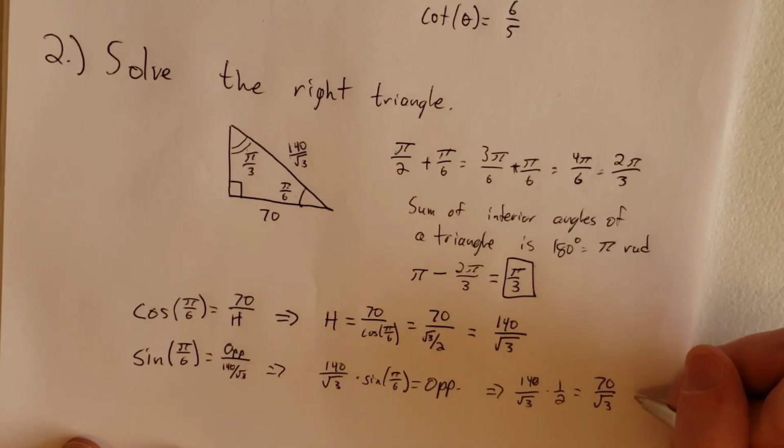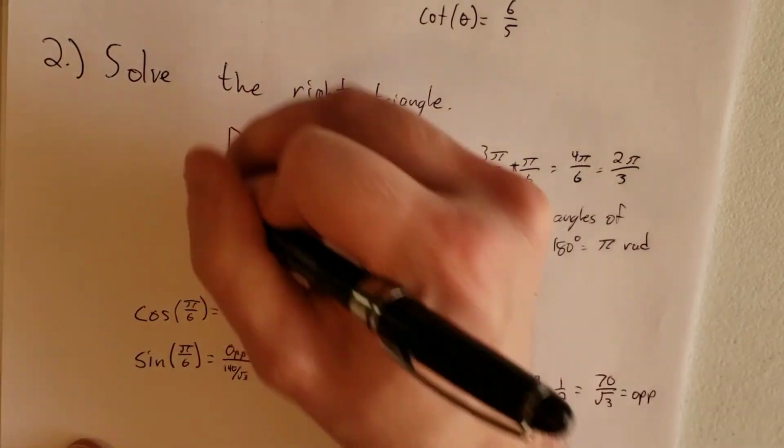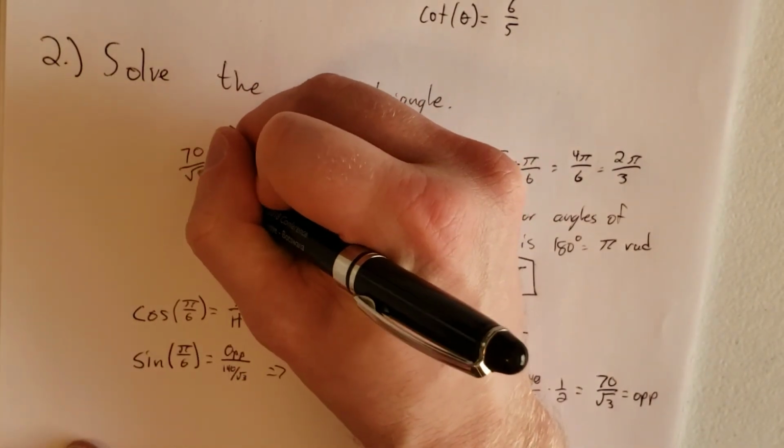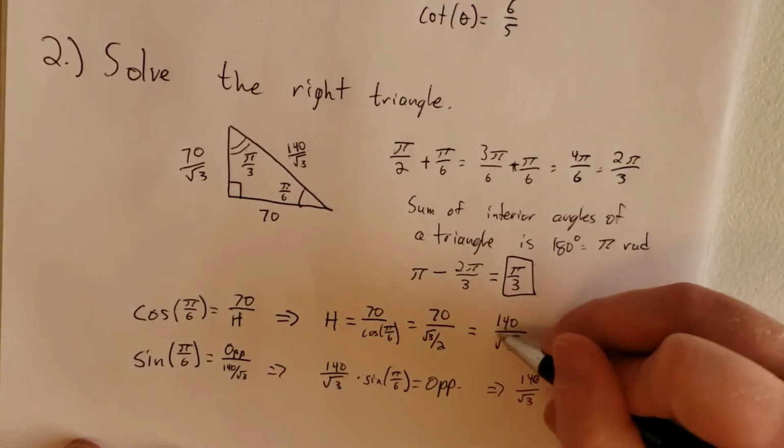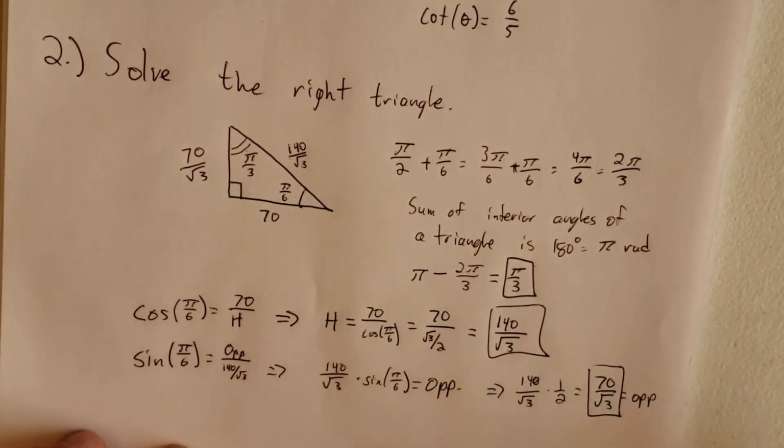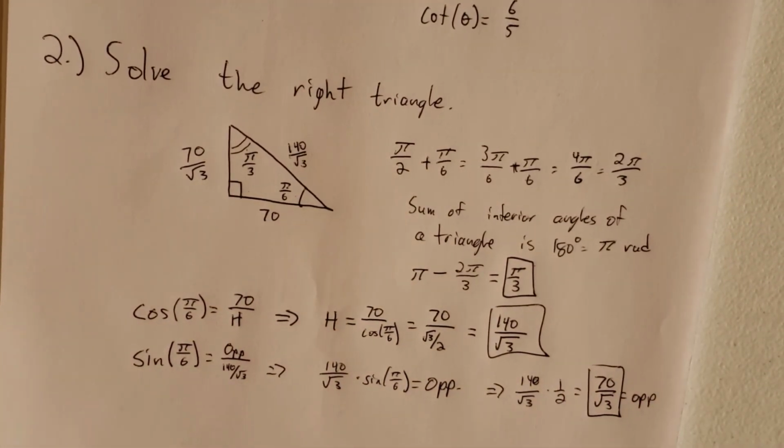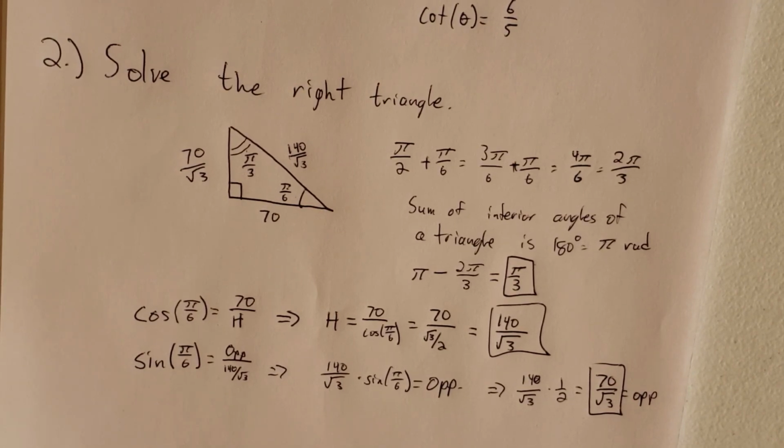And that would be our opposite side. So that's this over here. So we found our other two sides. And we've solved the right triangle. We found all three angles and all three sides. So that's it. All right. And that is all for this video.